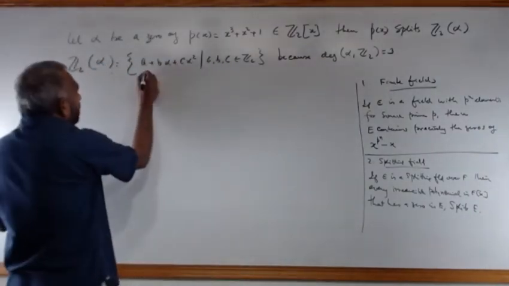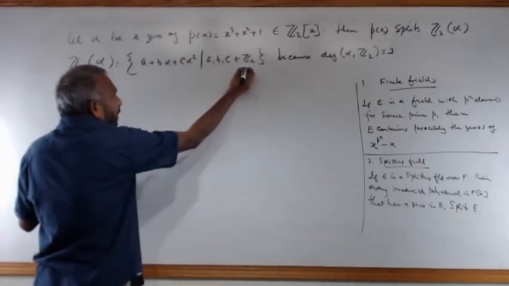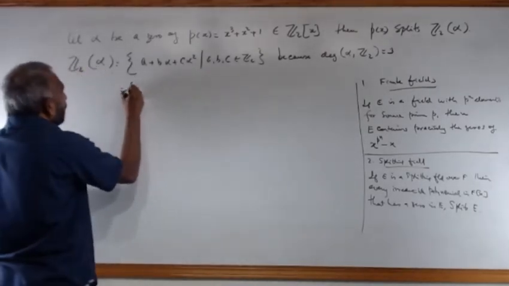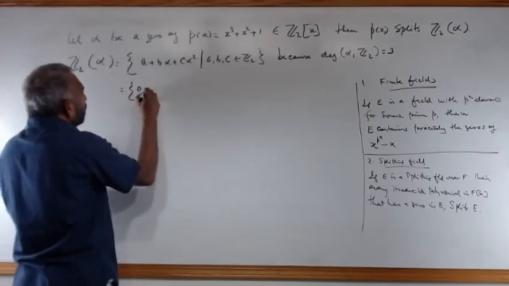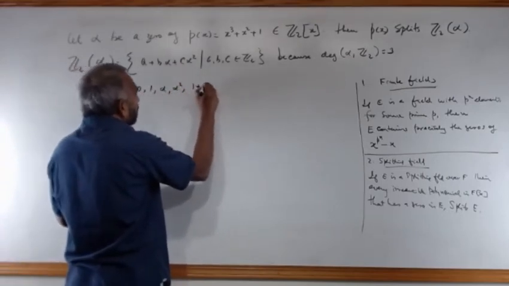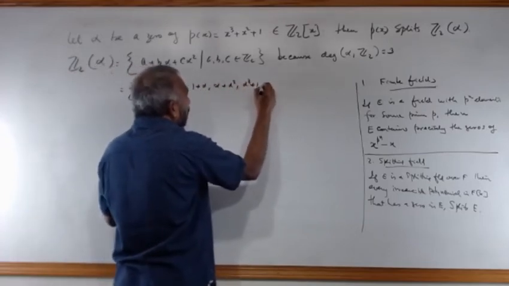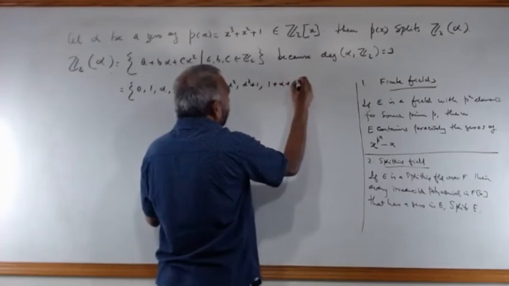If you replace A, B and C with 0 and 1, the elements would be 0, 1, alpha, alpha square, 1 plus alpha, alpha plus alpha square, 1 plus alpha plus alpha square, 1 plus alpha square.